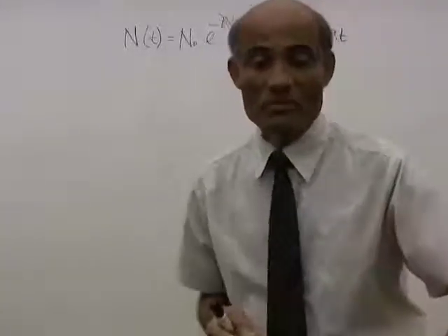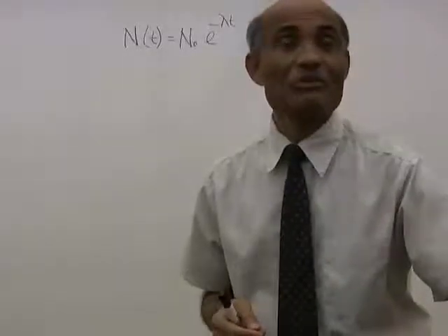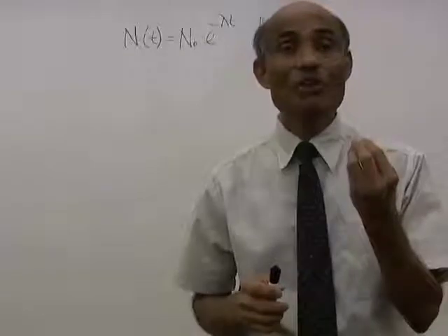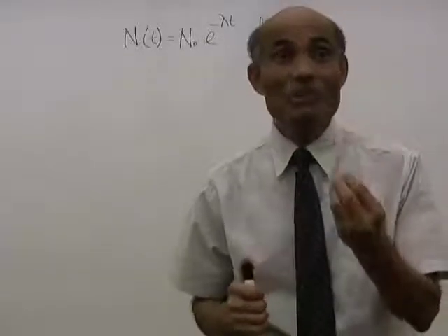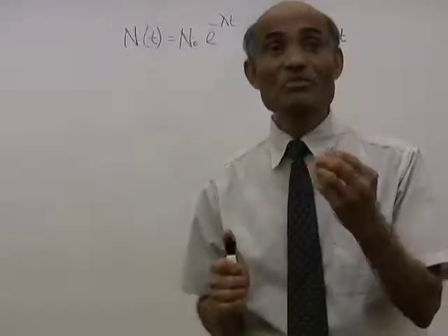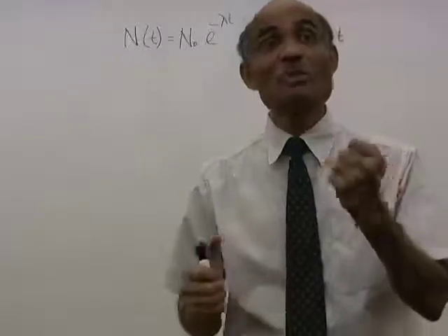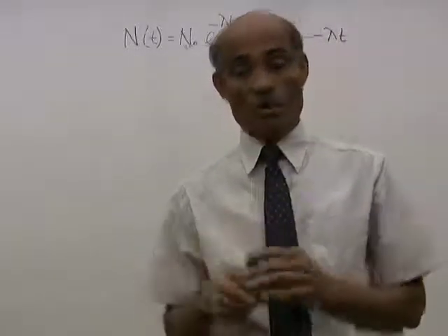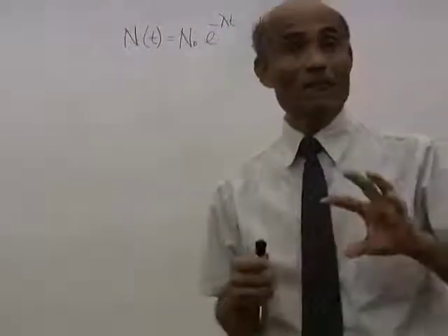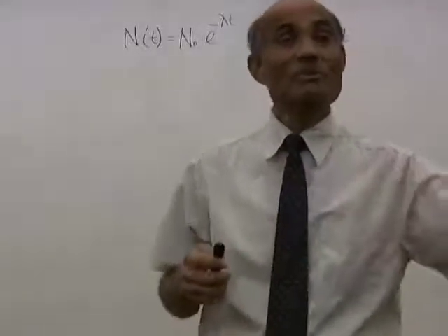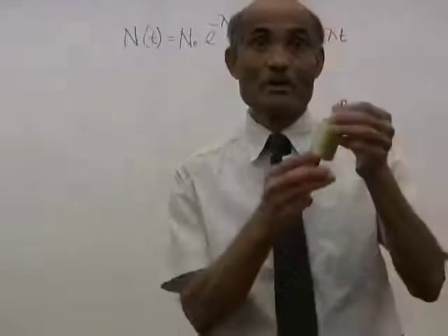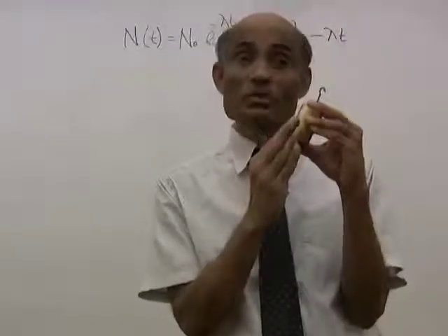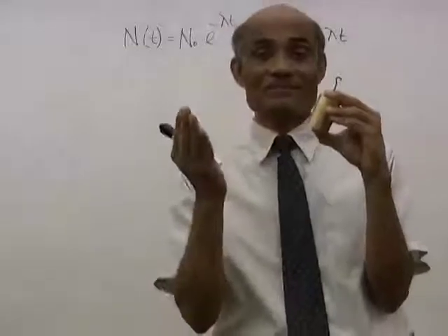So what is the definition of half-life period of an element? It is the time taken for half the number of originally present radioactive atoms to disintegrate to become the daughter element. Or it can also be defined in terms of the rate of decay. Suppose the rate of decay now is 100 disintegrations per second.